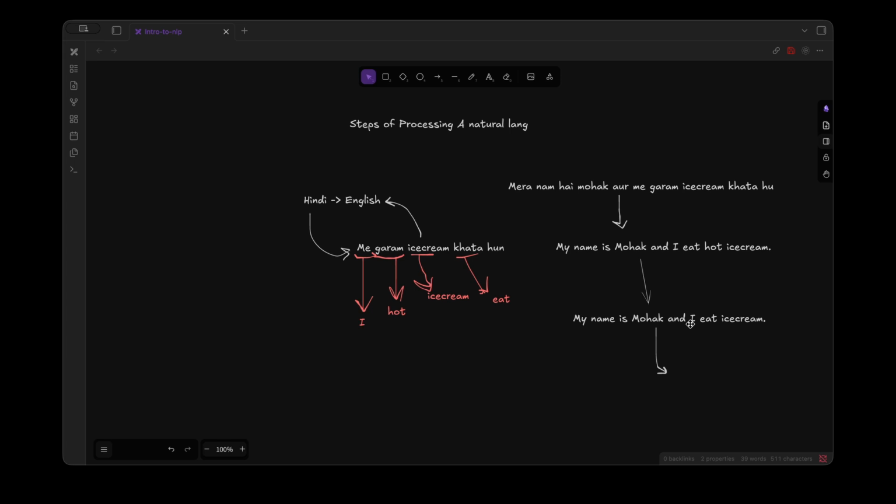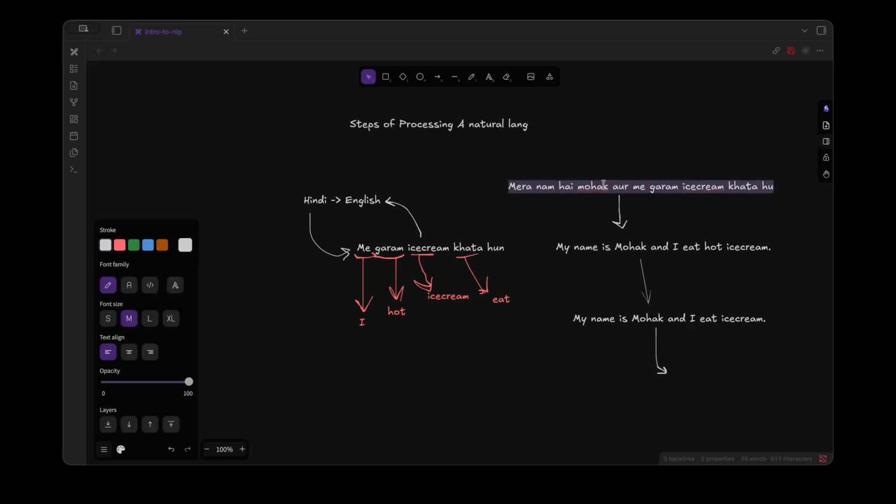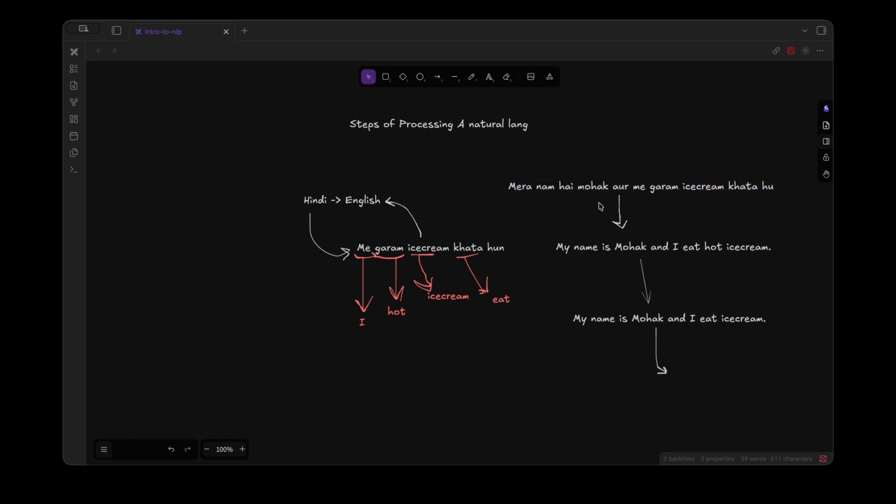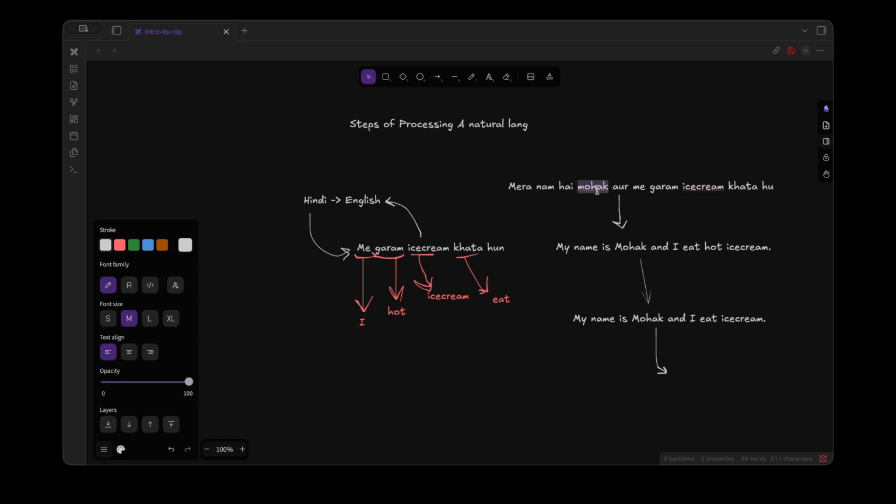So what we do, we usually parse it in a grammatically correct sentence where we understand कि अच्छा, Mohak is the noun of this particular sentence, khana is the verb of the particular sentence, ice cream is the object of the particular sentence, right?